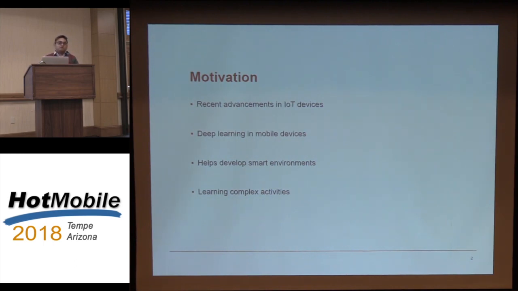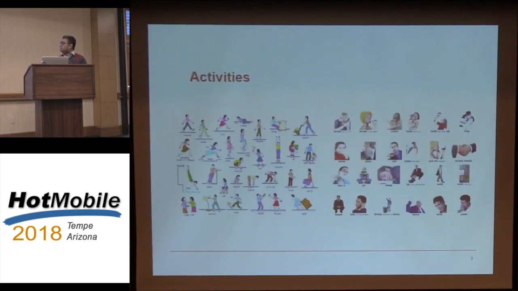We also wanted to use such IoT devices to create a smart environment where we can learn complex activities. Dance is a form of complex activity. The reason is that, as you can see here, we have listed a few daily activities, instrumental daily activities as well.